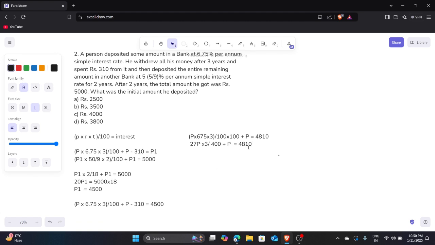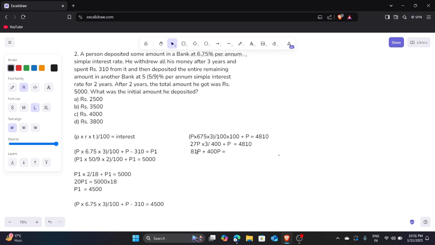Now you have to do some more calculation. 27, so 7 times 3 is 21, 2 to carry, 3 times 2 is 6 and 2 is 8. So here, 8P, and I just need to take 400.